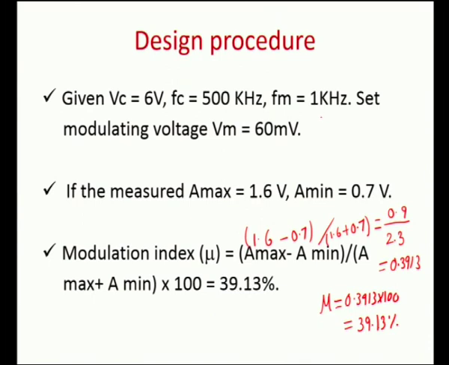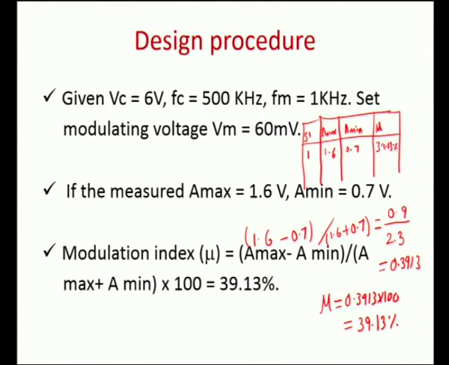In the tabular column, you can repeat for serial number, A max value, A min value, and the modulation index in percentage. So, for the first serial number you got A max 1.6, A min 0.7, and the computed mu is 39.13 percent. Then you can adjust your Vm, once again take down the readings of A max and A min.